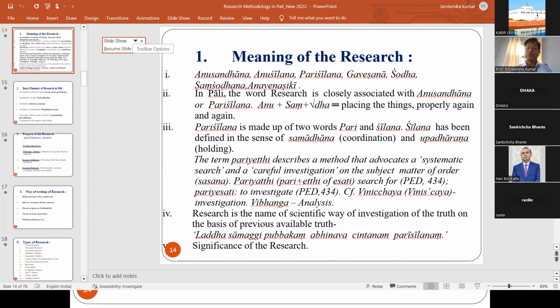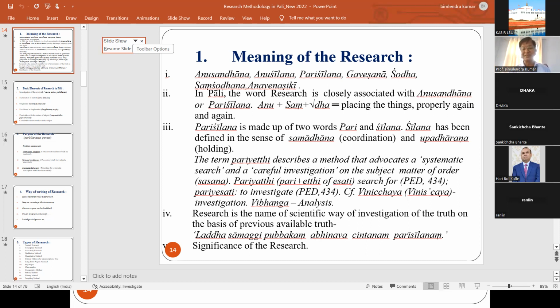There is another term which is called sodha. Sodha is a term which has come from sodhana. Sodhana means purifying, like how you wash things like brass, gold, or silver, and how they become glittering after washing them with acids and other things.